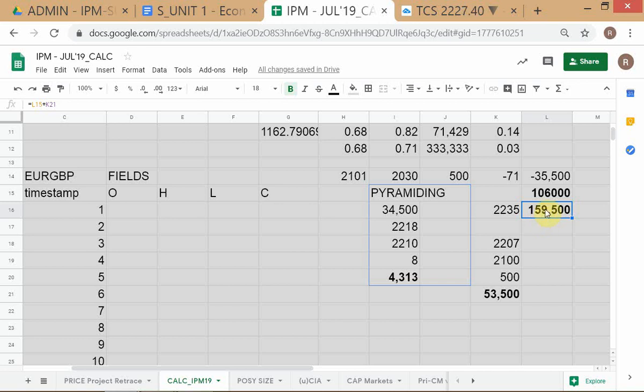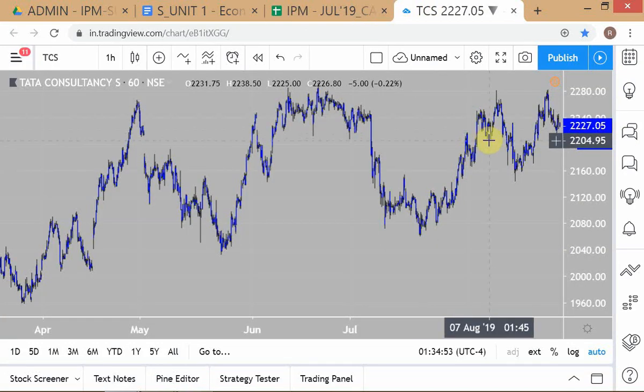So on the second lot I lose 159,000, but on the first lot I make 53,500. Yes or no? The first lot I bought at 2,100 and I'm selling at 2207, so I'm making this. So on a net basis, on the triggering of this stop, I'm losing only 106. Yes or no? Yes. Right?